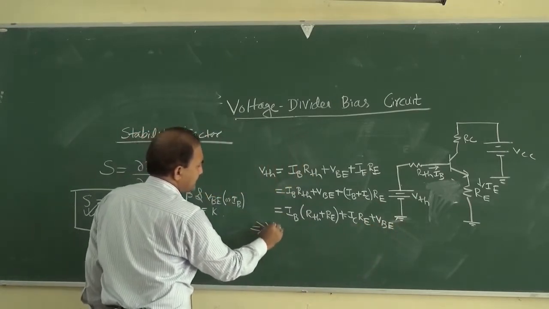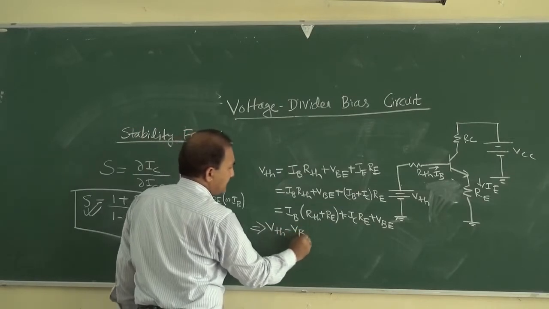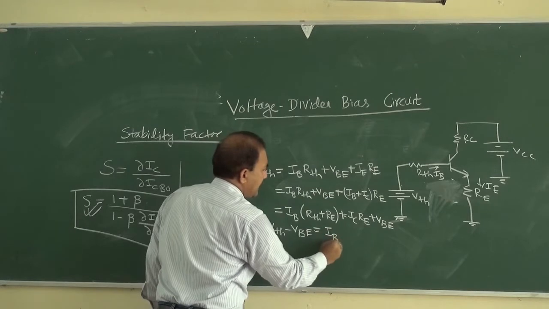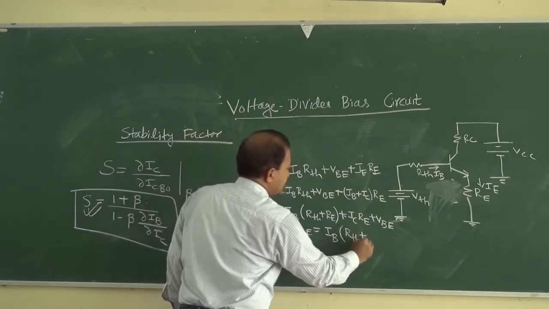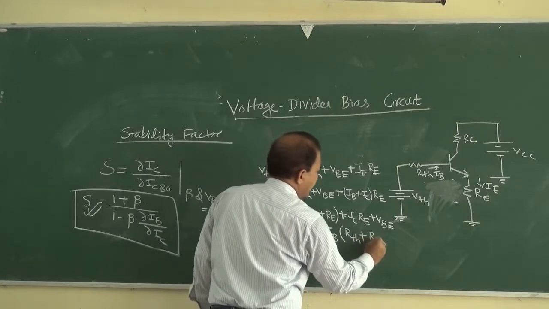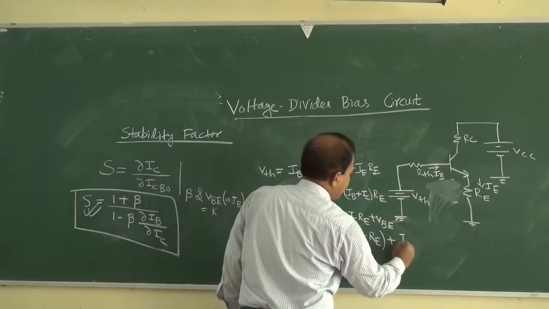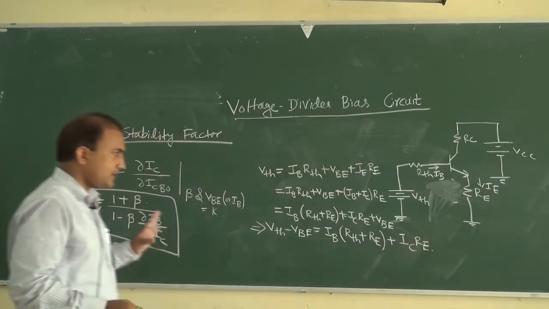So we can also write VTH minus VBE equal to IB multiplied with RTH plus RE plus IC multiplied with RE.